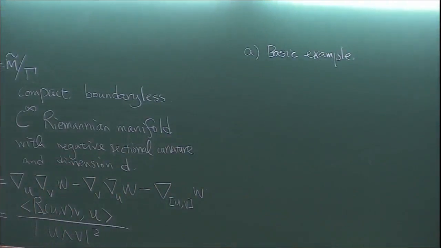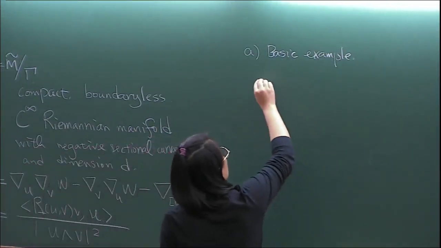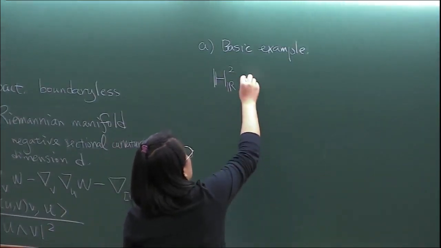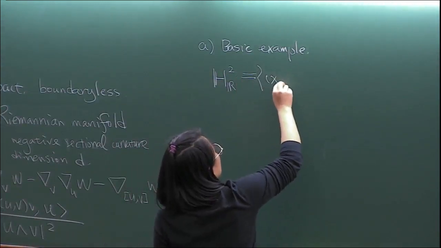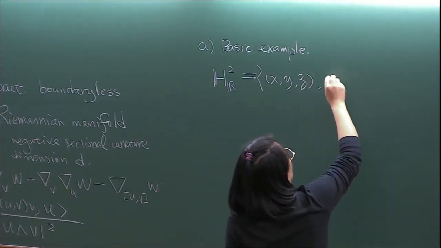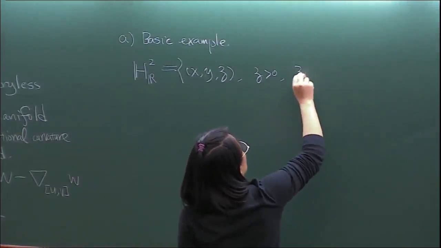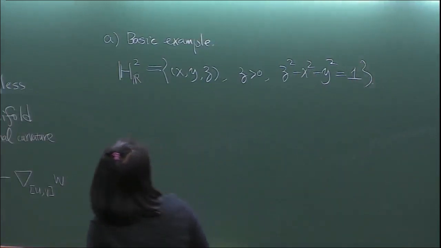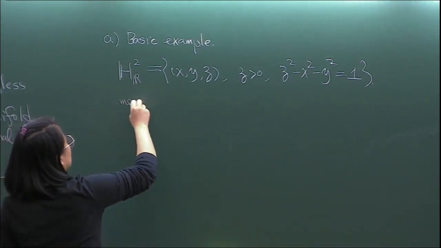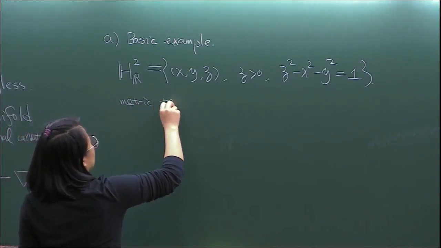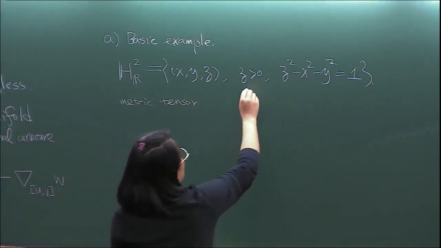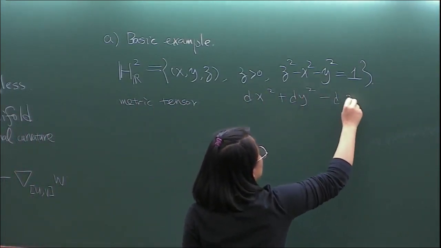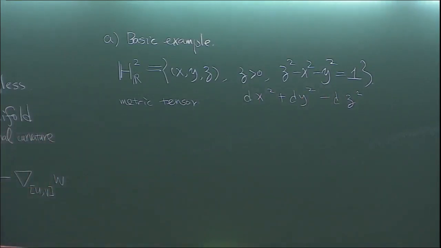That's the example we all know, say the two-dimensional hyperbolic space. This equals the set where z is greater than 0, and you will have the metric tensor dx squared plus dy squared minus dz squared.